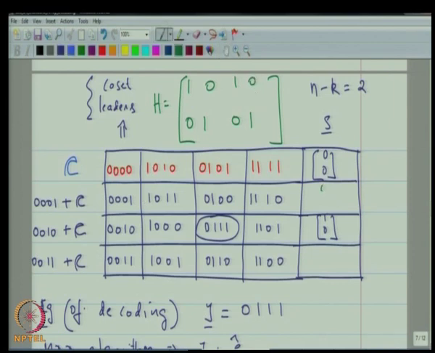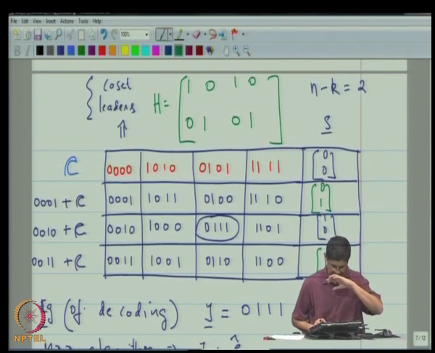Therefore, this is 0 1, and similarly here you can actually see it is 1 1. So, you see that there are 4 possible syndromes and there are 4 cosets, and each coset is associated to a unique syndrome. So, this is the map phi.